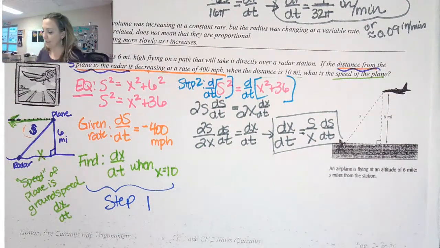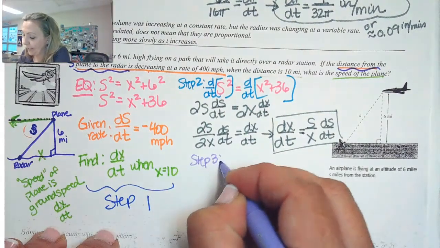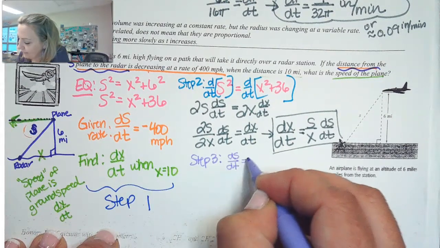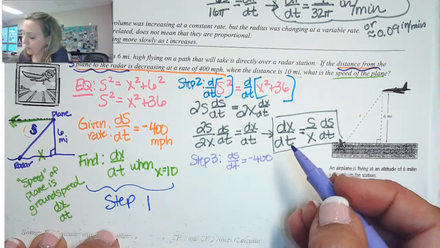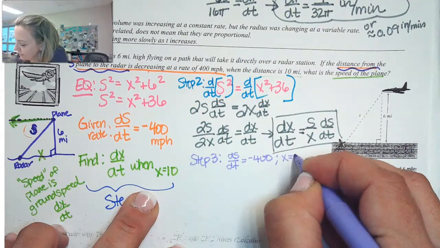Now, in step three, we want to put these different pieces in. So in step three, we know that ds/dt is negative 400 miles per hour. I also know that x equals 10.